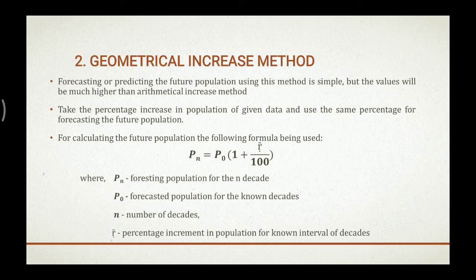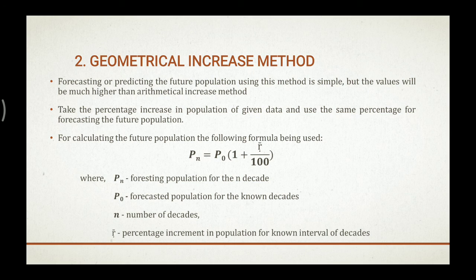Here we will be converting those increments into percentages. The increase in population, whatever we are going to get, we will be comparing with the last known decade's population, and we will be getting it in percentage, and this percentage we will be using to forecast the upcoming decades' population.